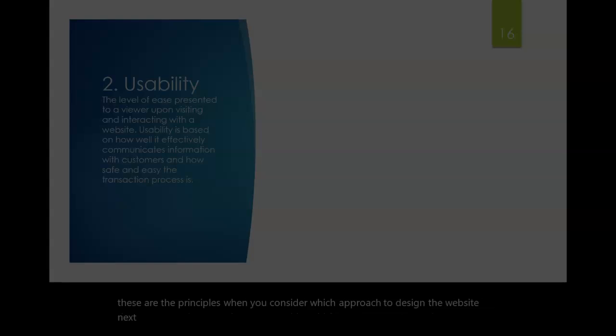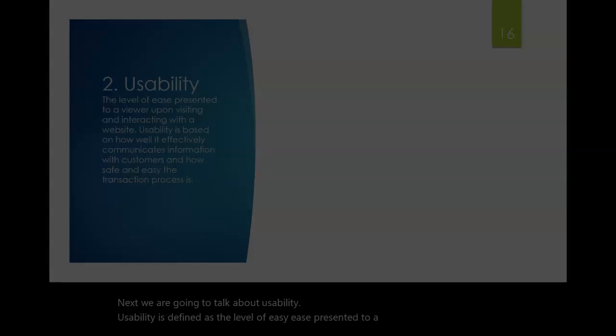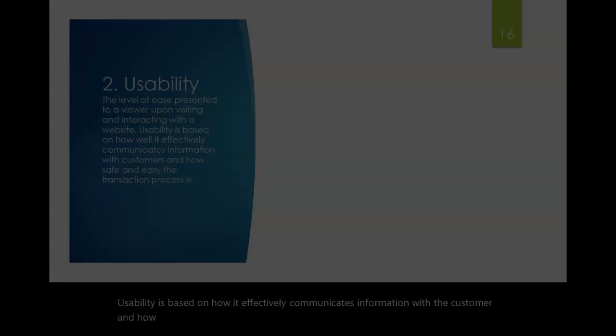Next, we are going to talk about usability. Usability is defined as the level of ease presented to a viewer upon visiting and interacting with a website. Usability is based on how well it effectively communicates information with the customer and how safe and easy the transaction process is.